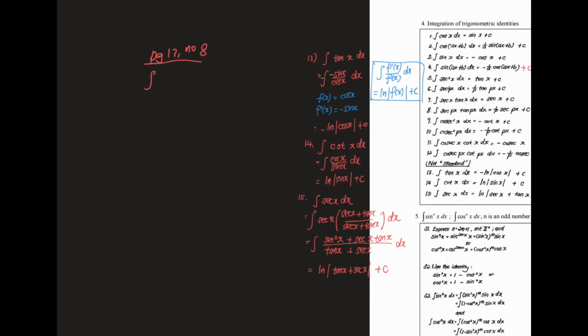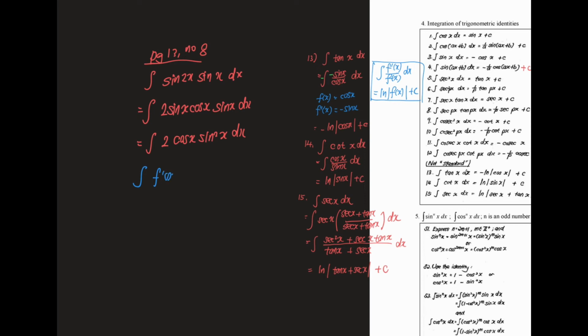We integrate sine 2x sine x dx. So in order to integrate this, what we can do is we use the double angle formula. Then we simplify it. We get this.